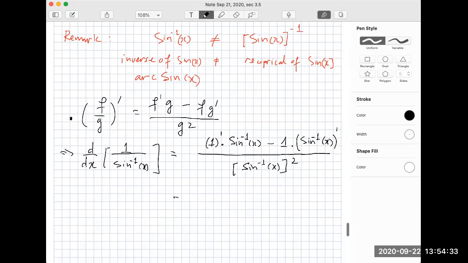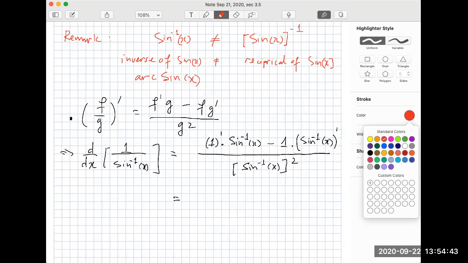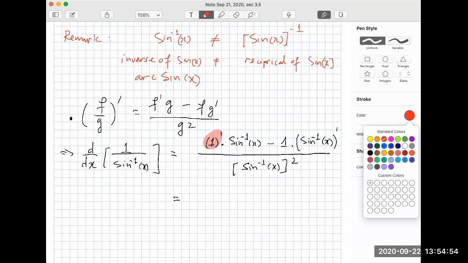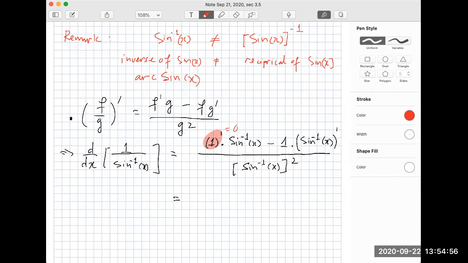But now, 1 prime. 1 is a constant. So what should it be? 0. Very good. So here, the numerator becomes 0.